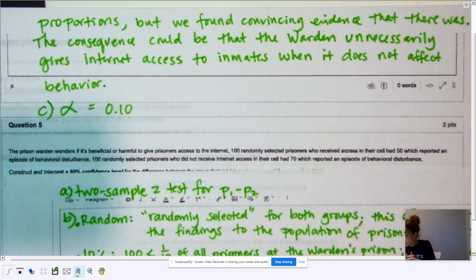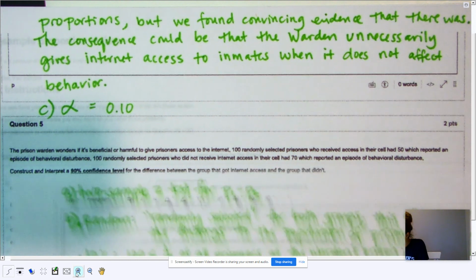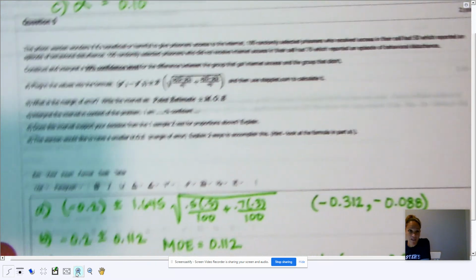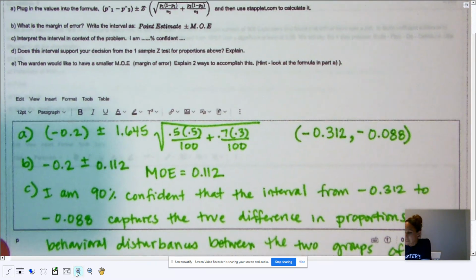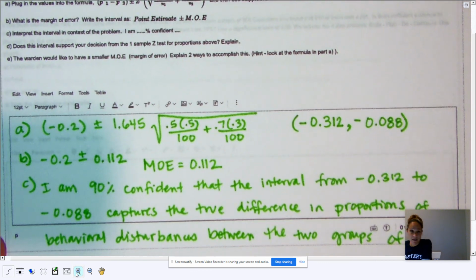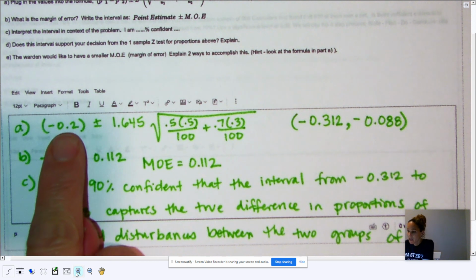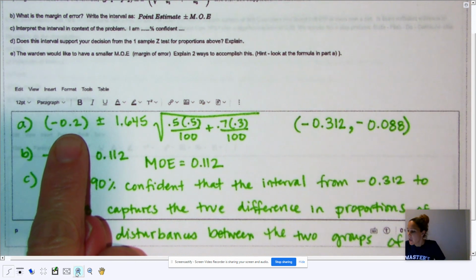Okay, so we're going to go ahead and move on to question number 5, which has to do with the confidence interval. And so we're using all of the same data, but remember that in a confidence interval, I'm looking at my statistic here, which is the difference in proportions.